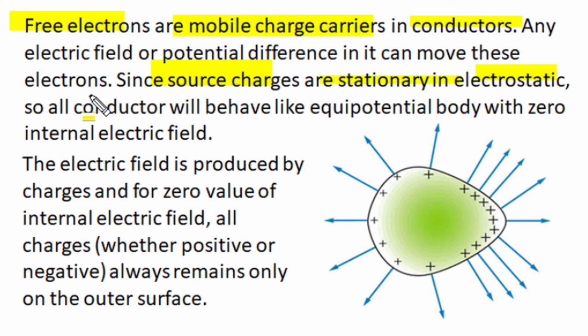So all conductor bodies, whatever their shape and size, will behave like an equipotential body with zero internal electric field. Since electric field is produced by electric charges, for zero internal electric field there should be zero internal charge. So for all charged bodies, whether positively or negatively charged, the charge will remain only on the outer surface and not in internal positions, and there won't be any internal electric field in a metallic conductor. All electric field will exist externally, and that too normal to the surface.